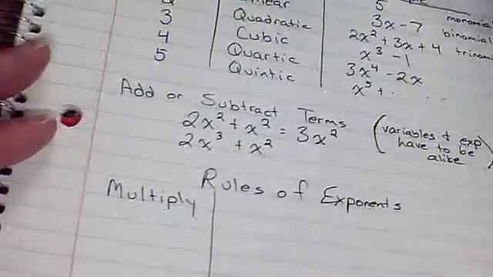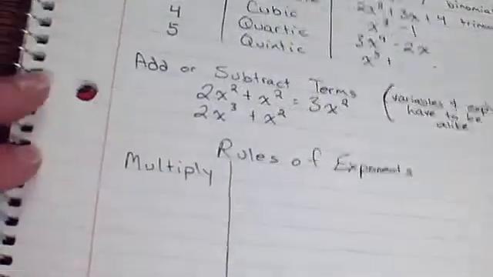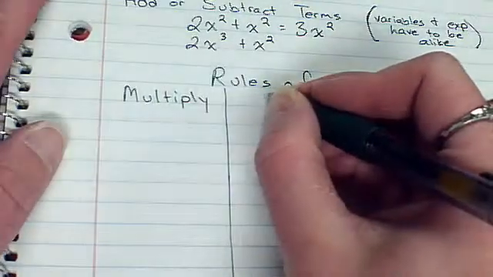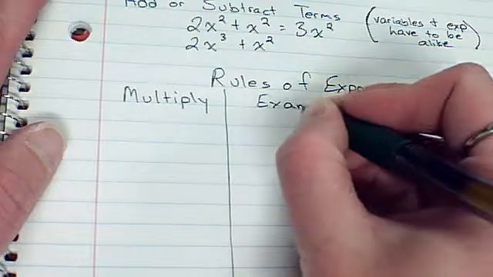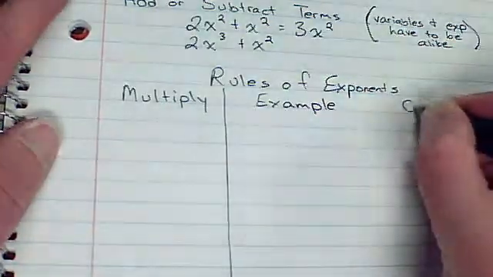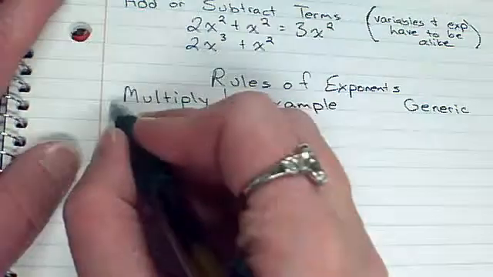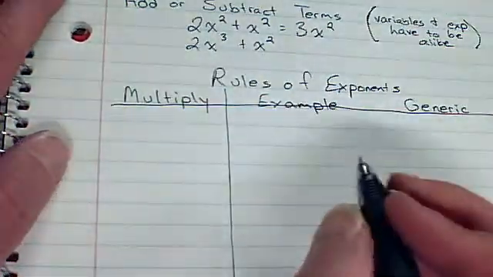And then we're actually going to do an example and then talk about what happens more specifically in generic terms at the end. So we use real numbers in the example and then do the generic after that.